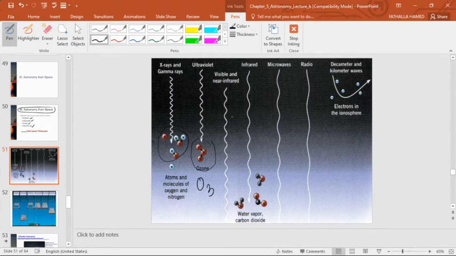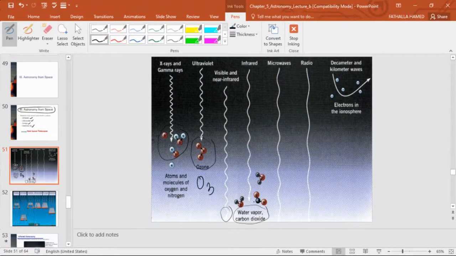The visible and near infrared can basically reach the surface. But of course, the infrared in general is blocked by water vapor and carbon dioxide, and that's why we either have to go high in the atmosphere of the Earth, or we do it from outside the atmosphere.